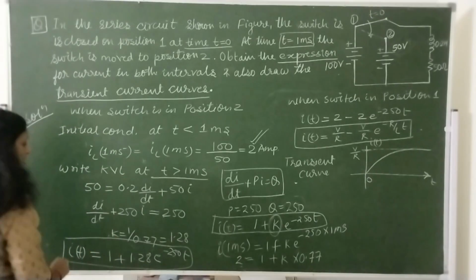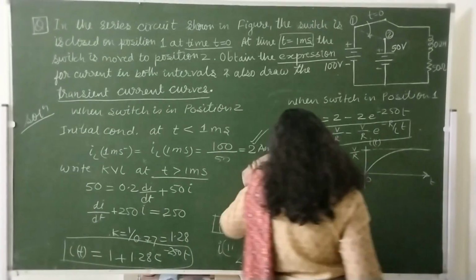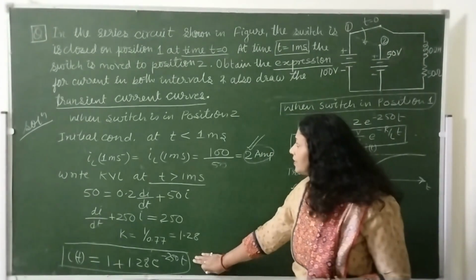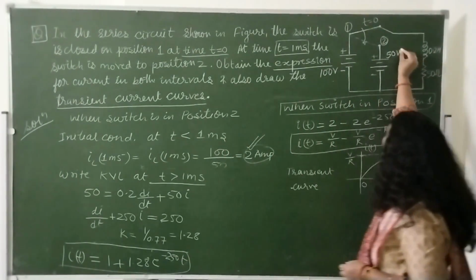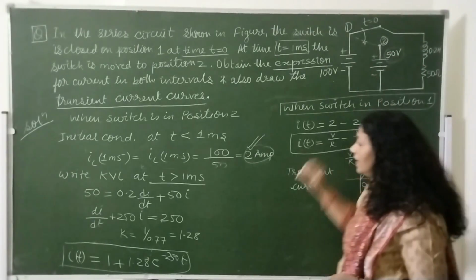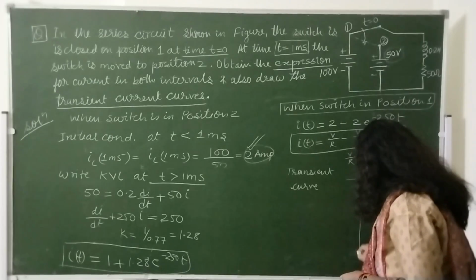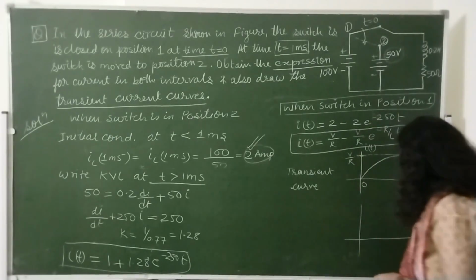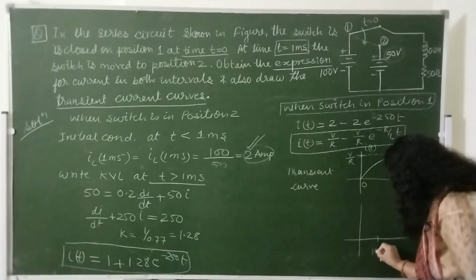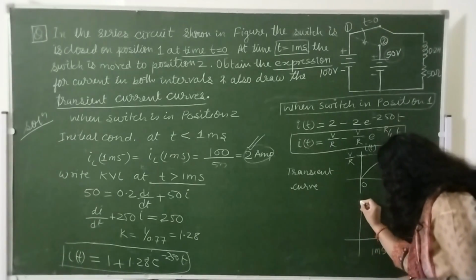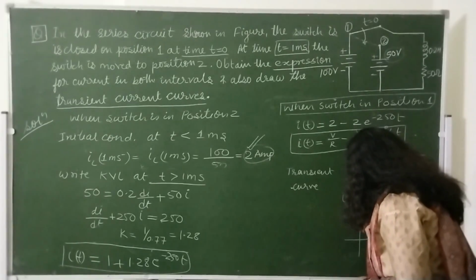Now we will draw the curve for this it. This is the transient current when switch is in position 2, that is when it is connected to this 50 volts, and we will draw the transient curve for this. This is t equal to 1 millisecond. Here we have to take two values of this IT.